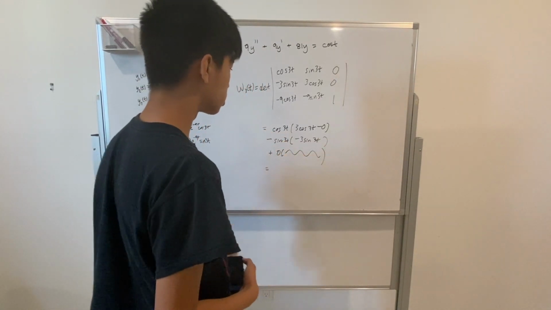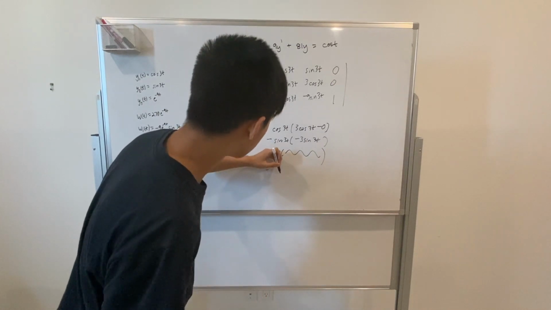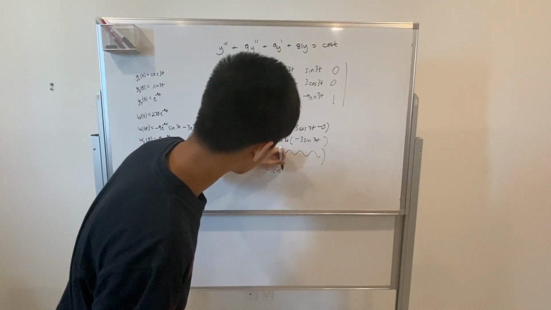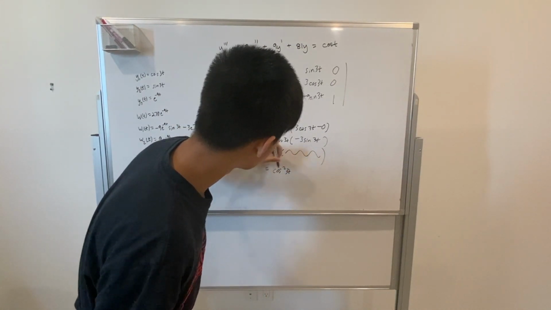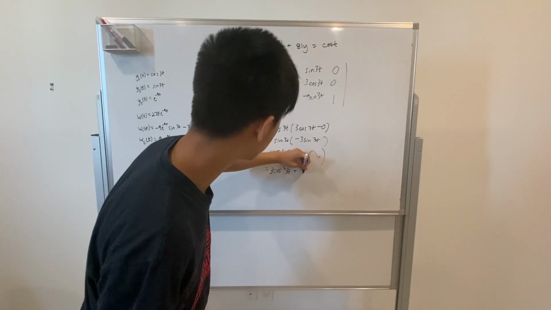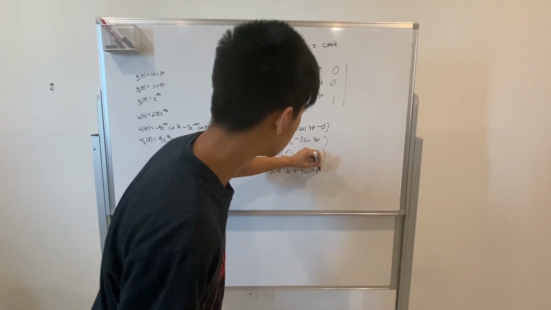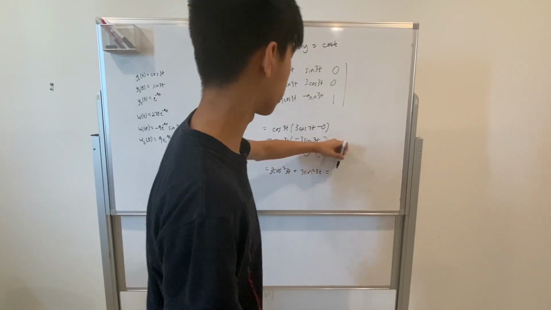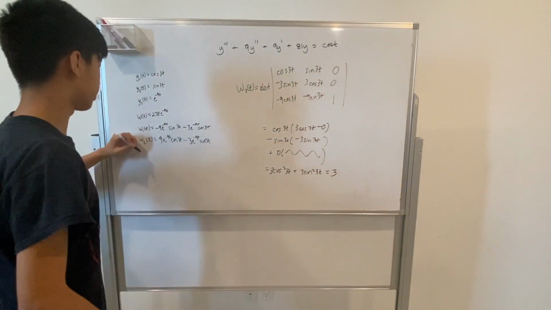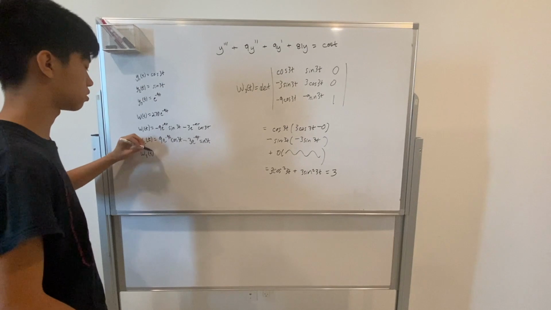So we use our trig identities, and we'll get that 3 cosine squared 3t plus 3 sine squared 3t will equal 3. So that simplifies out to a pretty nice number.